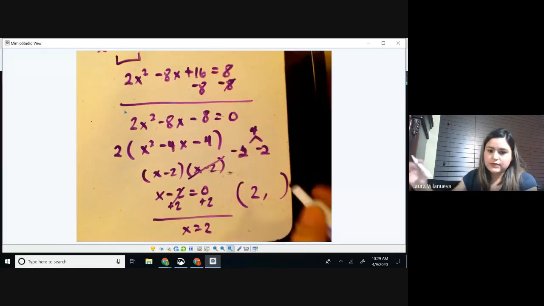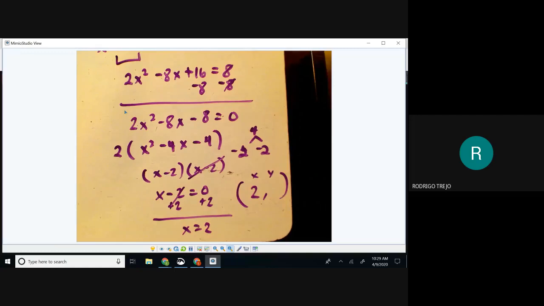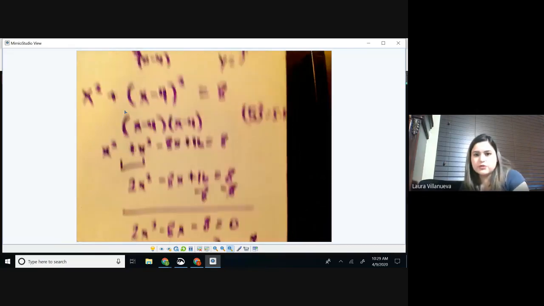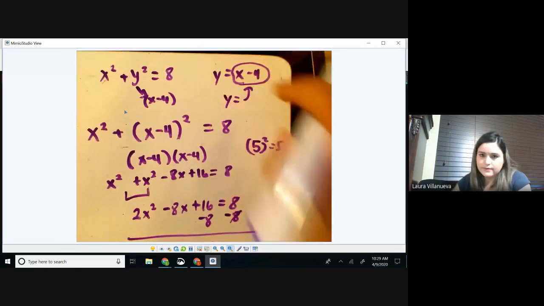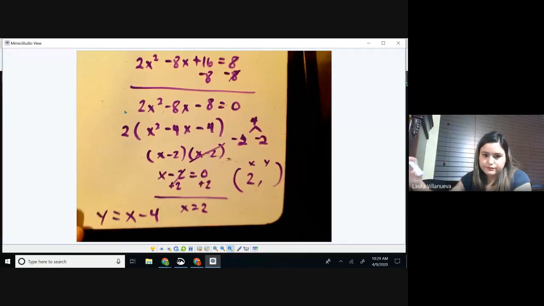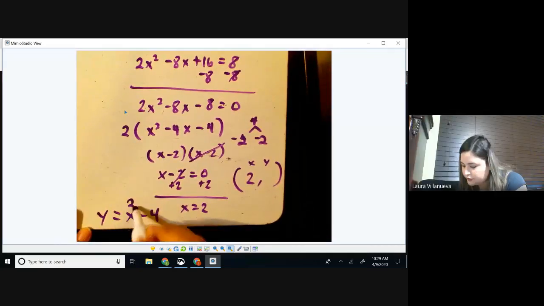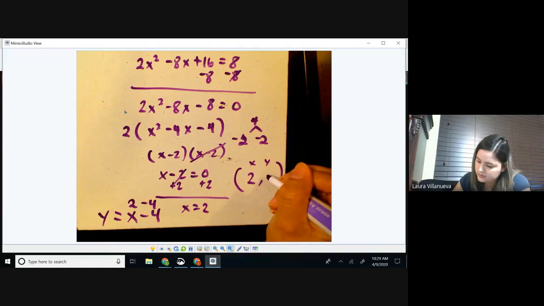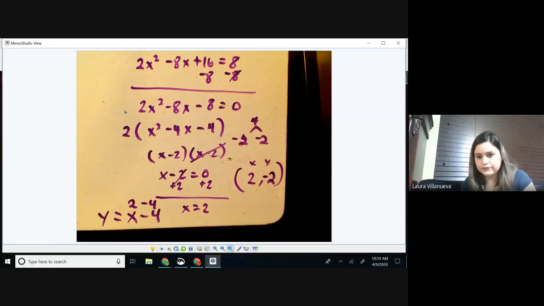I need to find my y now. So from here, we know that y is equal to x minus 4 from the original equation. So what is x though? x is 2. 2 minus 4 will give you negative 2.